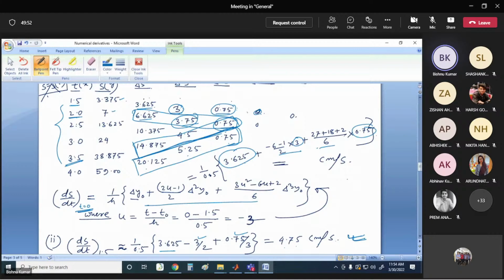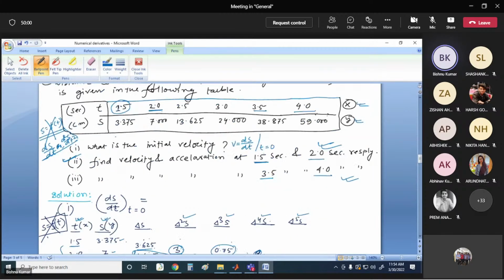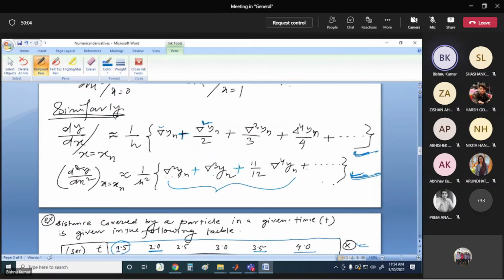If so, obviously you will not get more than 5 points, because the second derivative formula goes up to the 4th difference. More points would mean you have to remember or derive a lot of things, which is a lengthy process. So scientifically, whoever creates the question, maximum only 5 points will be given for the second derivative.